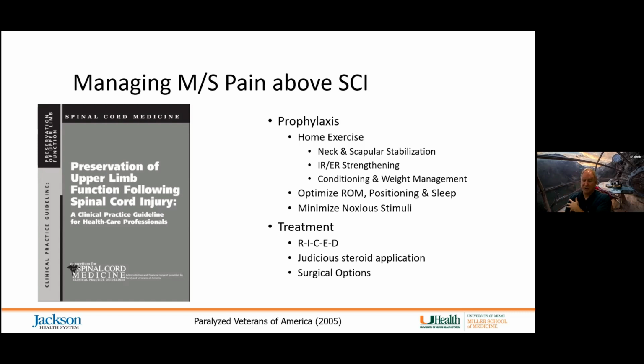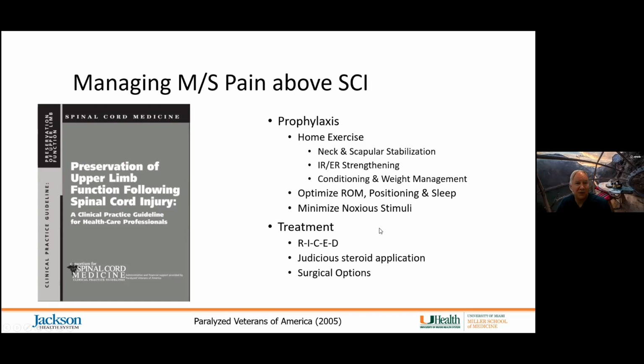Particularly, that's going to help pull the humeral head down and away from likely impingement. And then optimizing range of motion positioning as well during sleep, and minimizing noxious stimuli.